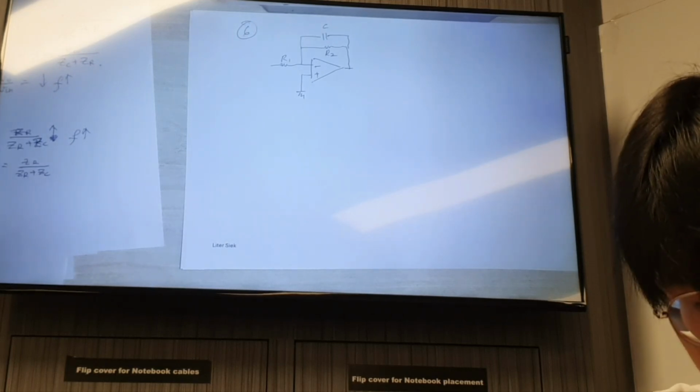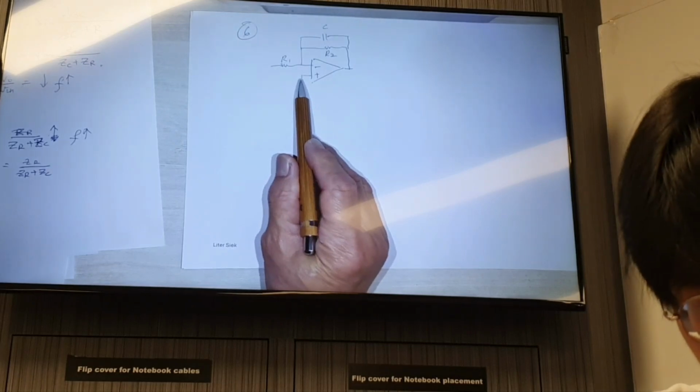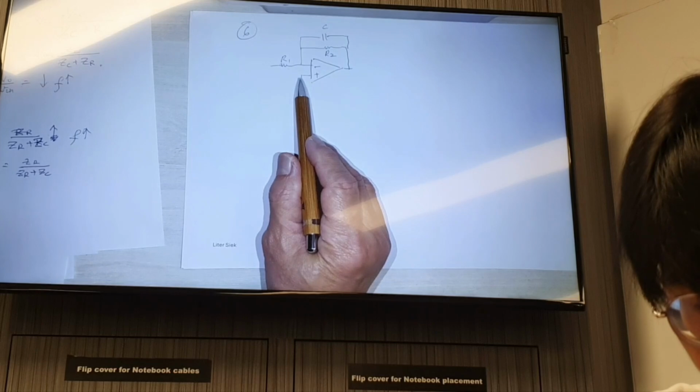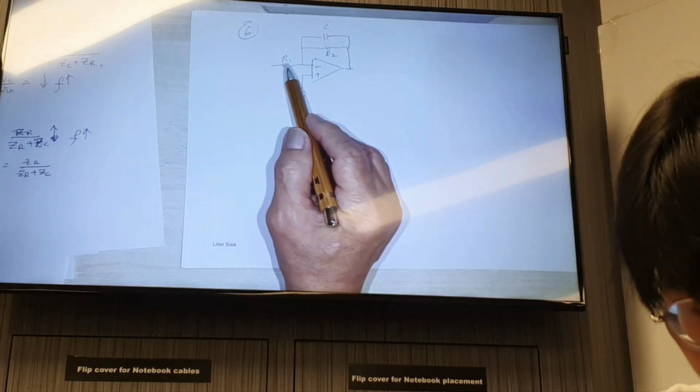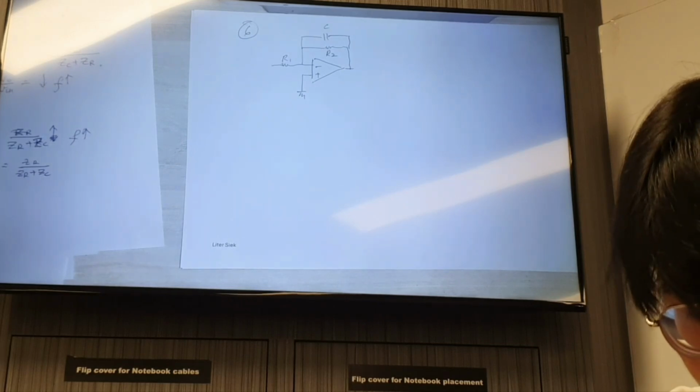The offset will be multiplied by 1 plus R2 over R1, and normally this gain is much lesser than the open loop gain. Therefore the DC voltage at the output is controlled.